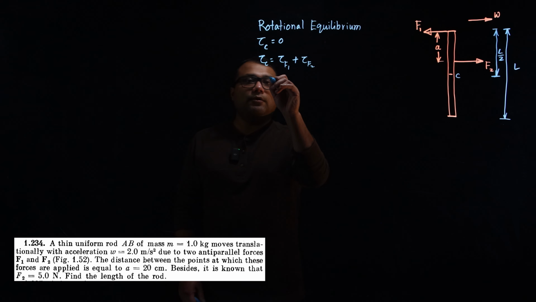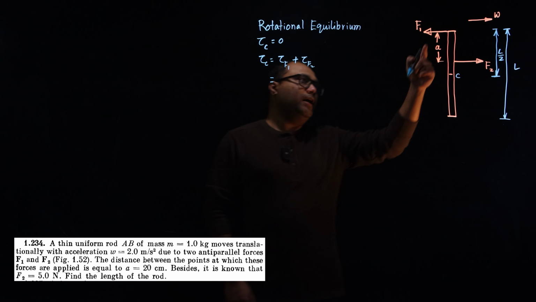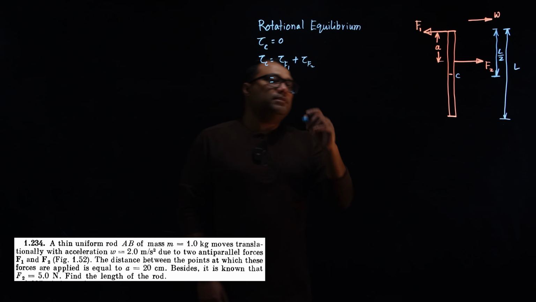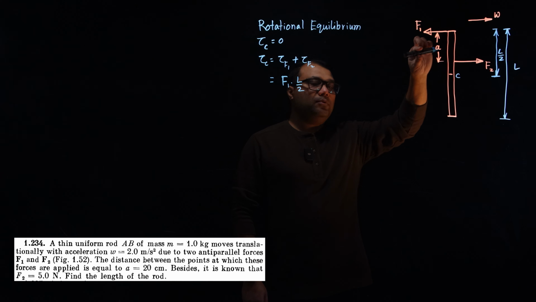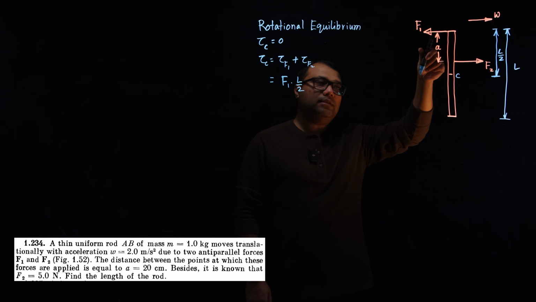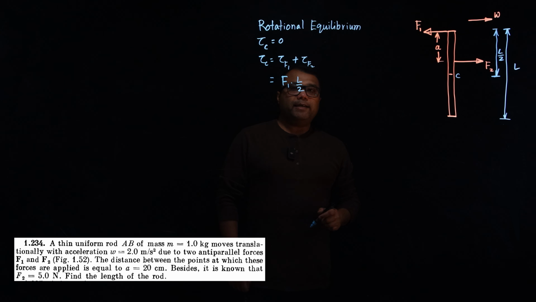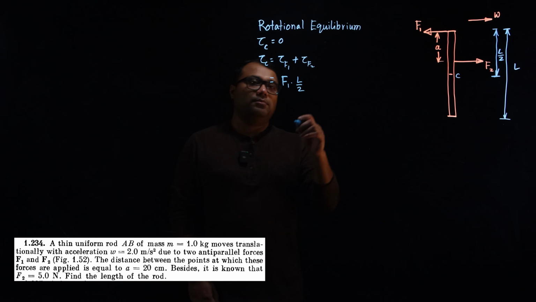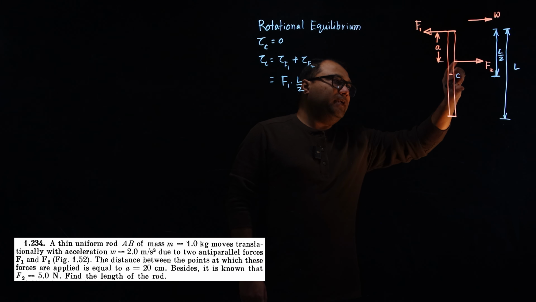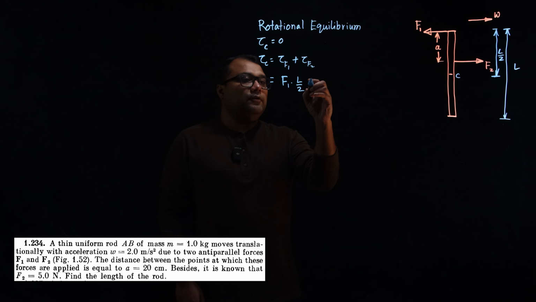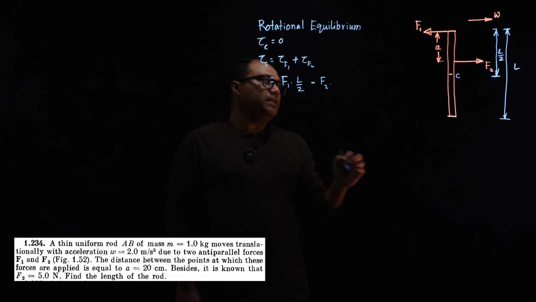So, now we can calculate the torque due to F1: it is F1 times L by 2, and it is trying to turn it this way, which is anti-clockwise, so we take the torque as positive. F2 will try to turn it the other way, clockwise. So, it will be minus F2 times, what is the distance?